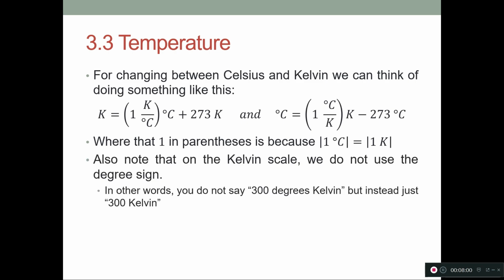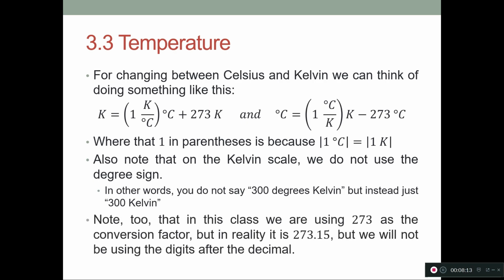Also note that on the Kelvin scale, we do not use the degree sign. So you would not say that something is 300 degrees Kelvin, but instead just 300 Kelvin. And note too that in this class, we're using 273 as the conversion factor. In reality, it's 273.15, but in this class, we will not be using the digits after the decimal.